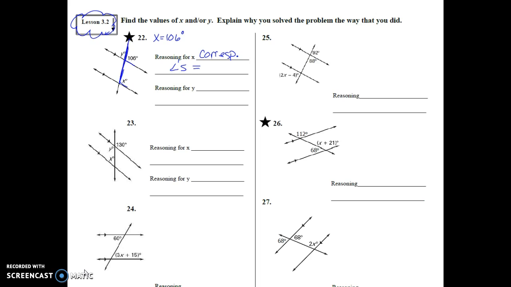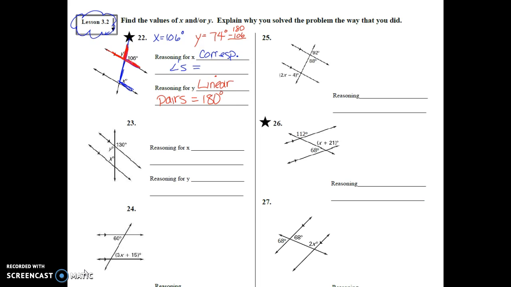They make that F right there, upside down F. And then if I look at angle Y, if I trace angle Y and the 106, now I notice that I have a linear pair. So if I subtract from 180 degrees, I find out that Y equals 74 degrees. 180 minus 106. And my reason is that linear pairs equal 180 degrees.